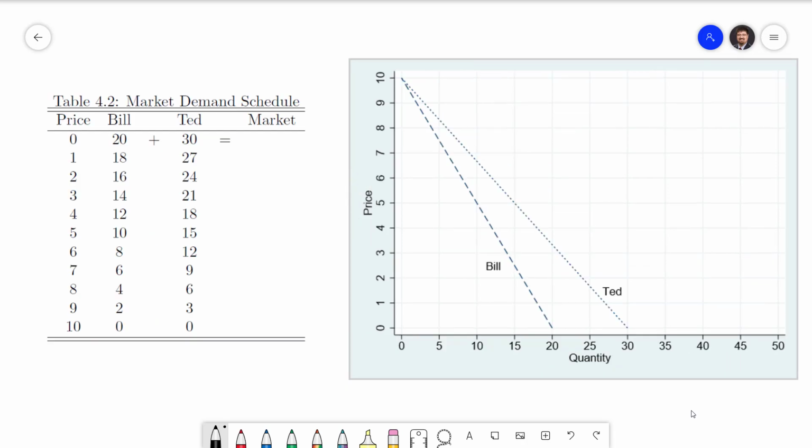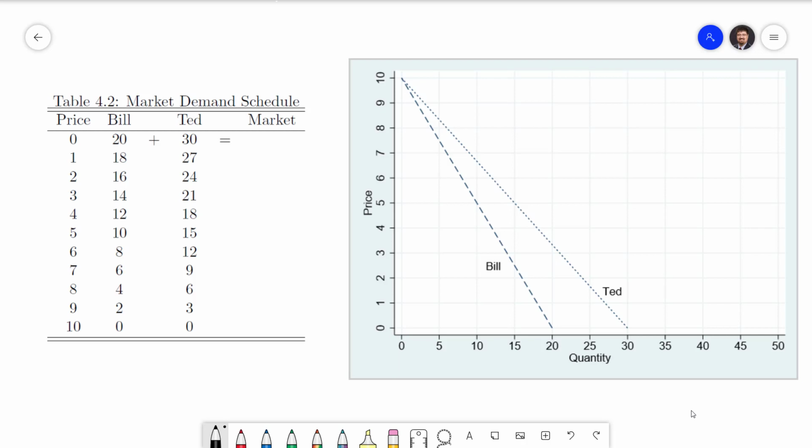In the last video, we mentioned that a competitive market is made up of many buyers and many sellers. That means the demand curve of an individual person is not going to be enough. We're going to need to get the demand curve for the entire market. To do this, all we need to do is add up every buyer in the market's demand curve to get the market demand curve. To see how this works, I'm going to add a second buyer in the market named Ted.